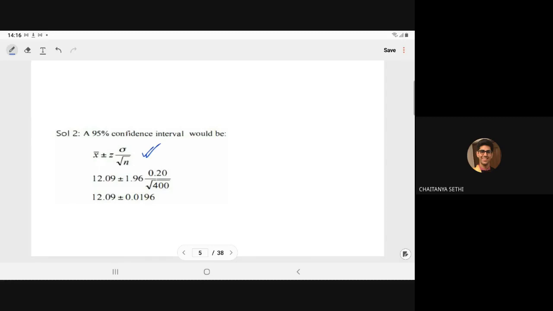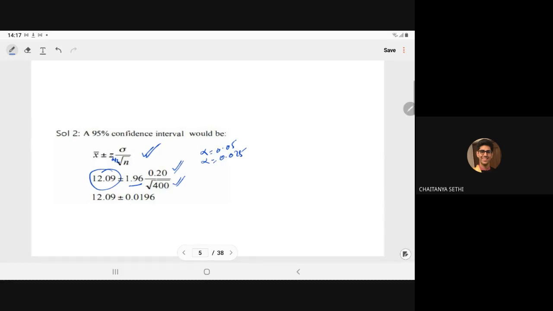Here alpha is equal to 0.05, so alpha by 2 will become 0.025. x bar, the sample mean, is given to you as 12.09, plus minus z alpha by 2 which is 1.96, and sigma is given as 0.20, and n is equal to 400.